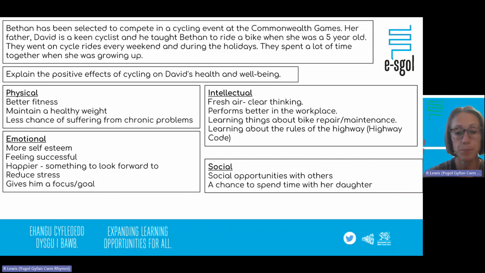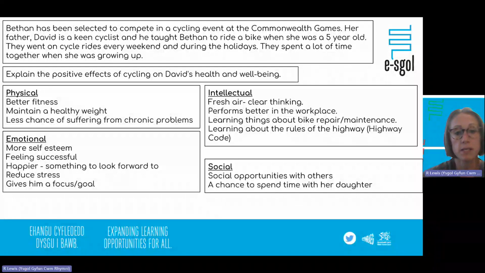Okay. You could say then that there are also intellectual benefits on David's health and well-being. So this being that he has time to escape and he can clear his mind. He's having fresh air, and his way of thinking then is more productive.